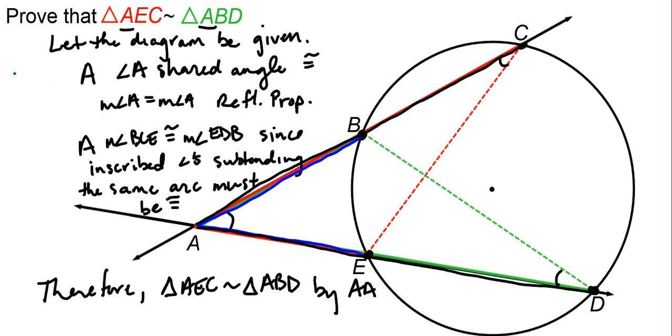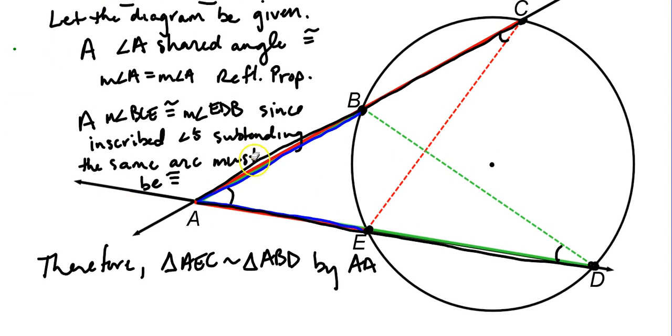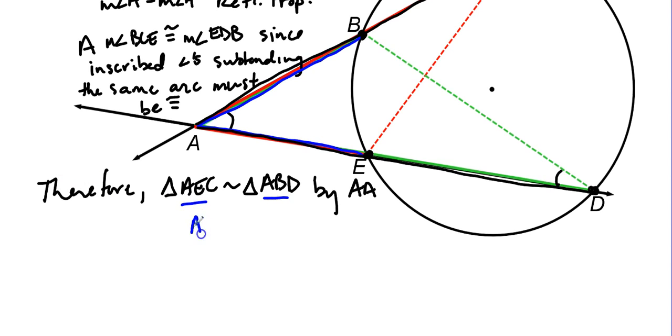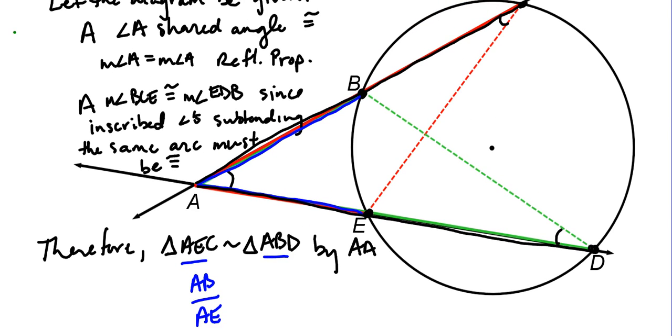Let's go ahead and write the relationships that we know. Let's start with AB. AB is right here, and I can match that up with AE. If you notice, these are both the exterior lengths, so exterior compared to exterior.